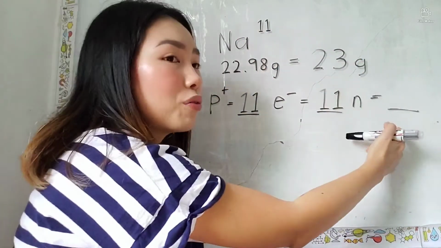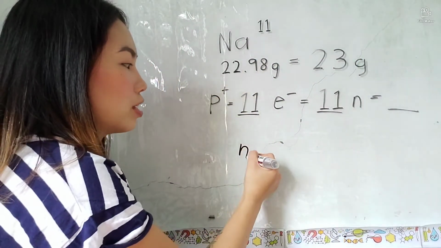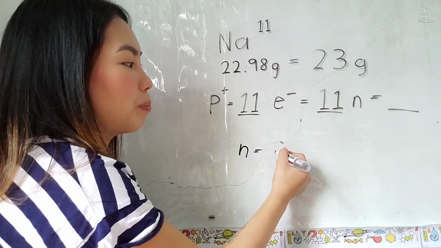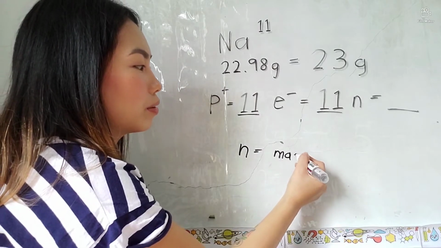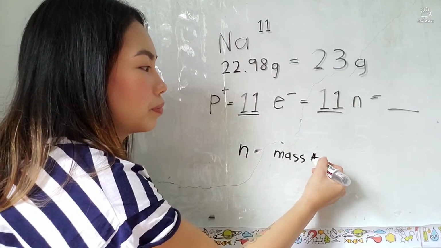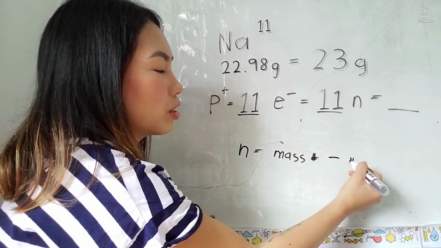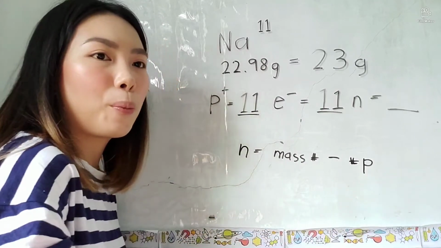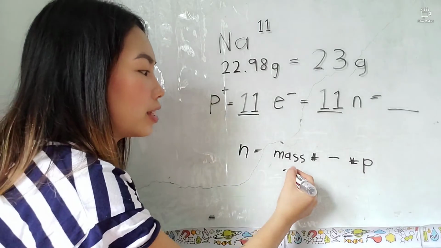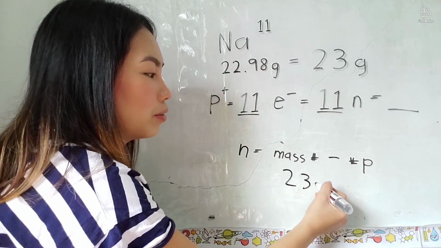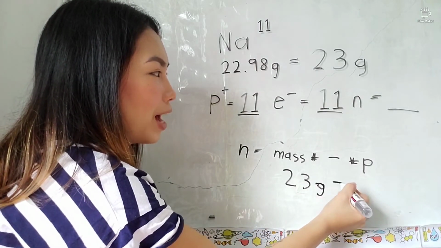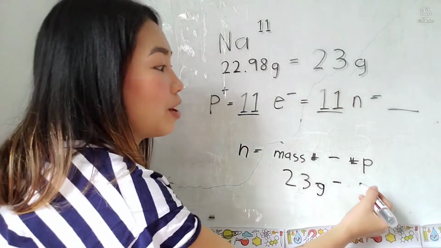And to find the value of N is equal to mass number minus the number of proton. So, yung mass number natin is 23 minus the number of proton is 11.